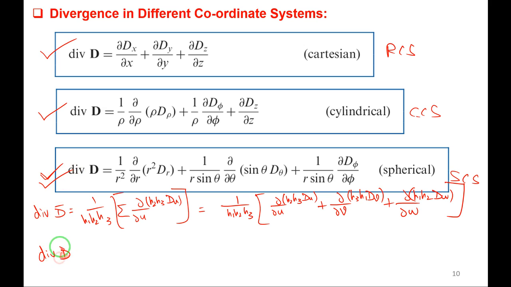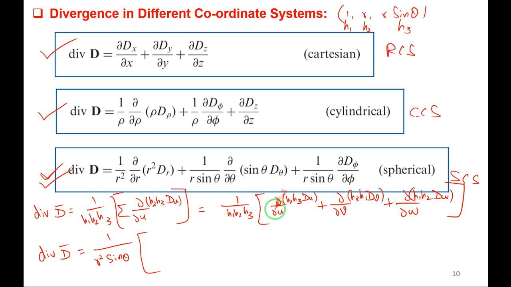Divergence of D vector is equal to 1 by H1 H2 H3. What are H1, H2, H3 in the spherical coordinate system? 1, r, r sine theta. This is H1, this is H2, this is H3. So multiplying H1 into H2 into H3, I get 1 by r square sine theta.